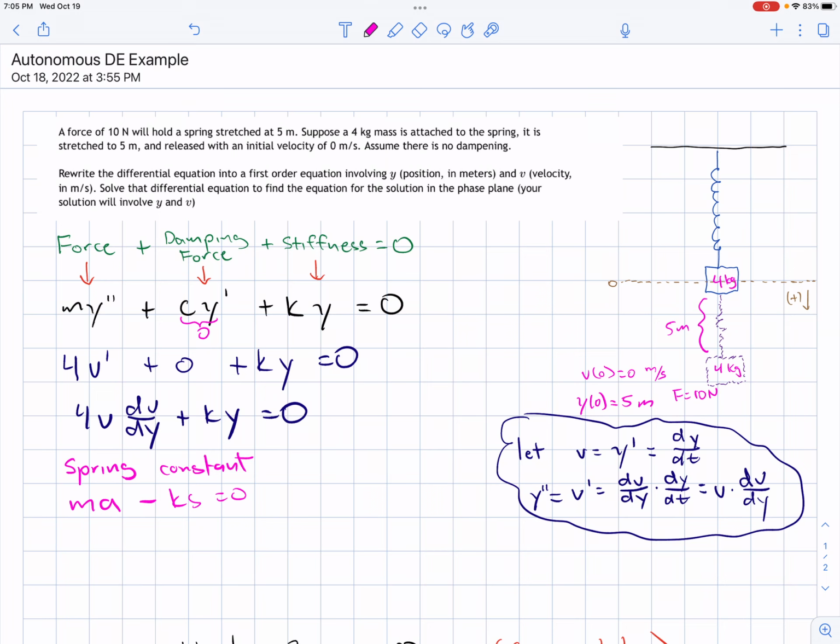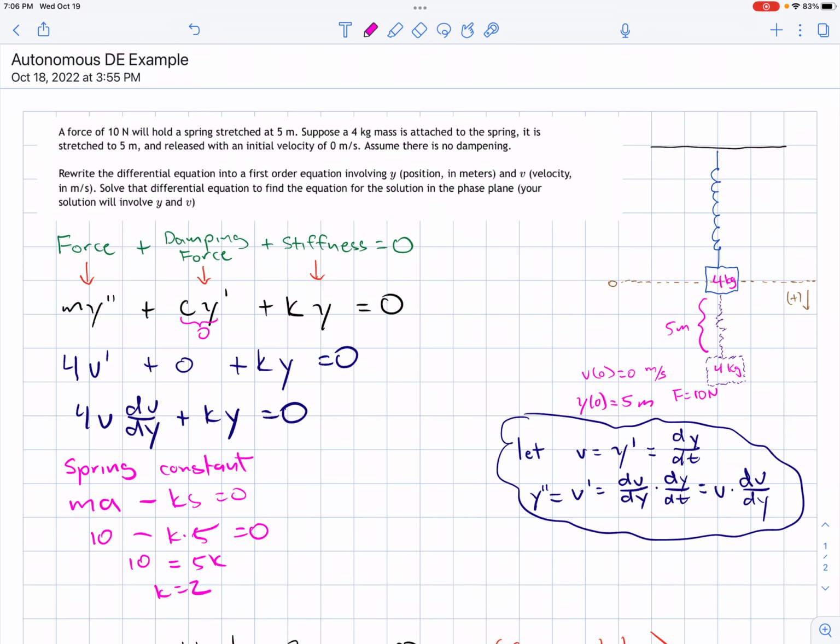There's a 10 newton force holding it, so 10 minus k times 5, a 10 newton force holding it 5 meters away, and that's equal to 0. Solving that, we get 10 being equal to 5k, k being equal to 2.